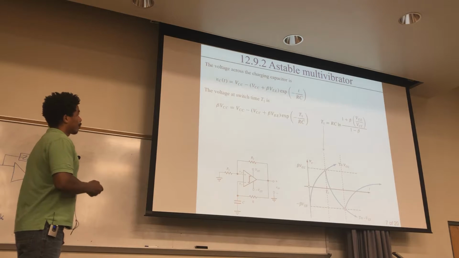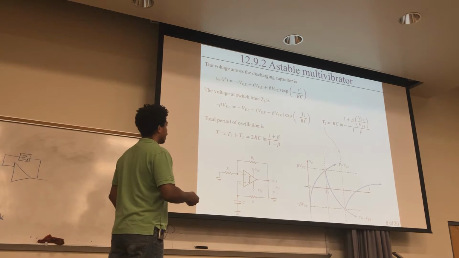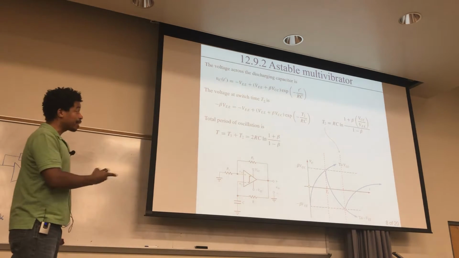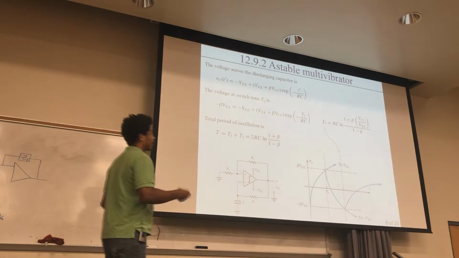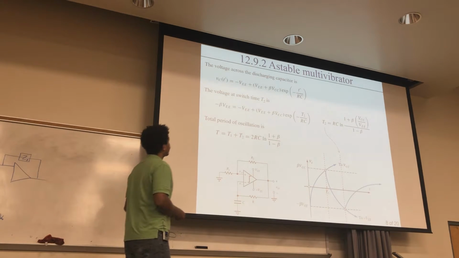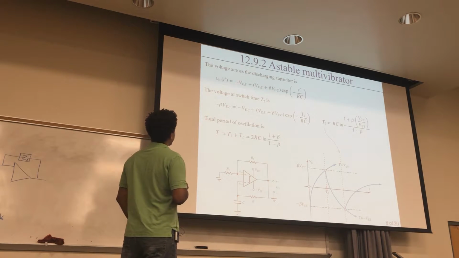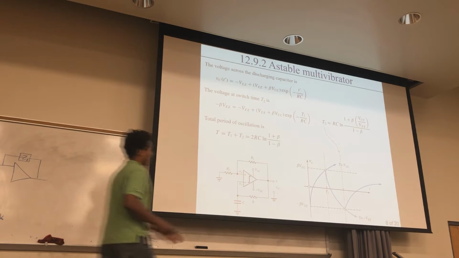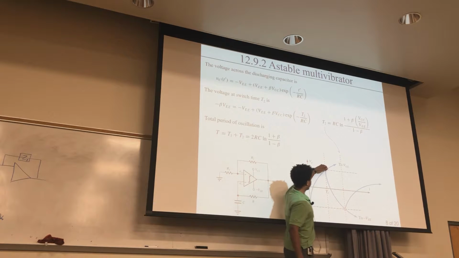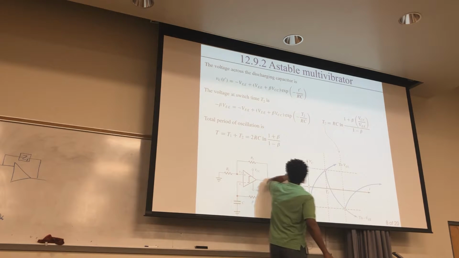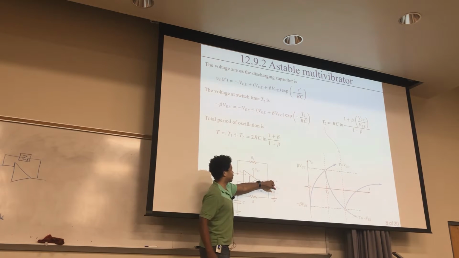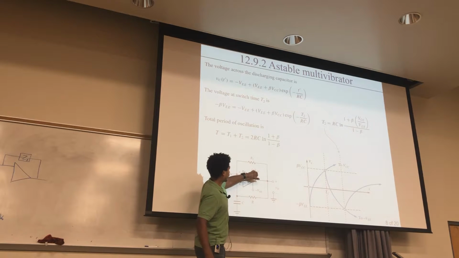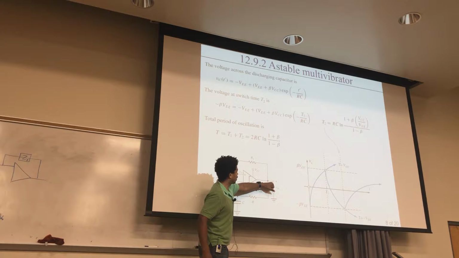Okay, so for T2, the next time, they may not be equal. I mean, you don't have to have them be equal, right? So now your voltage across your capacitor is discharging, right? You got up to this value right here. Now you switched, and instead of being VCC right here, it now saturated to VEE.